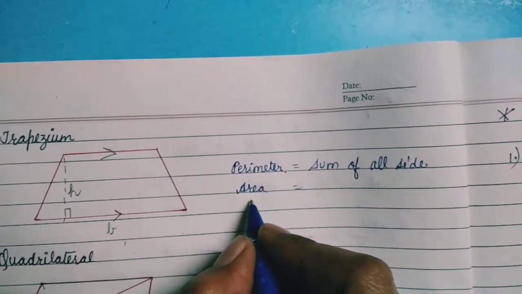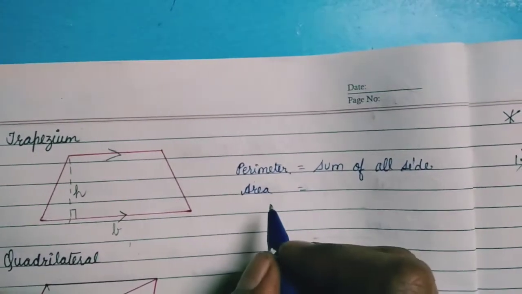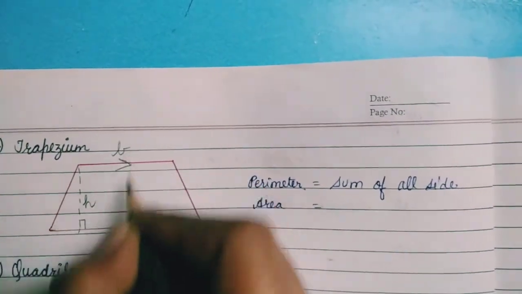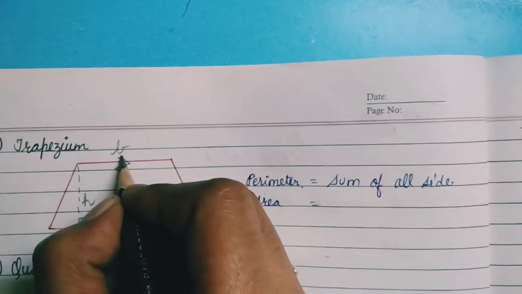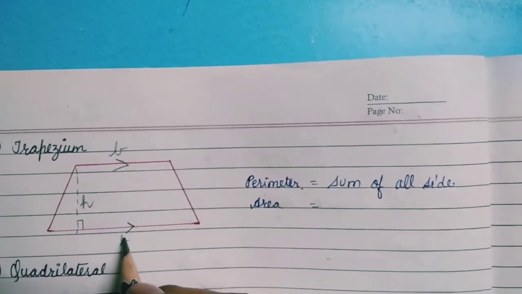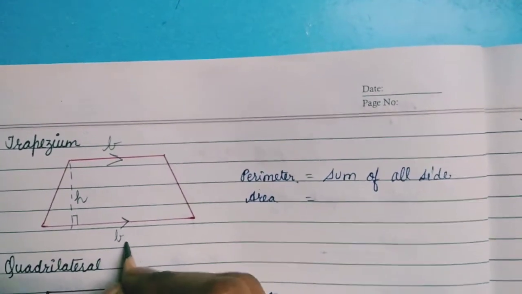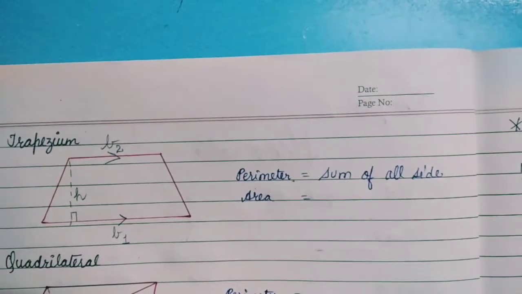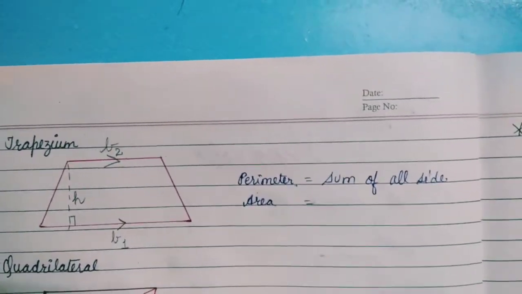But for the area of the trapezium, you can simply see this is a base, and this is also a base because they are parallel to each other. If this one is B1, this one will be B2, and they are parallel to each other.